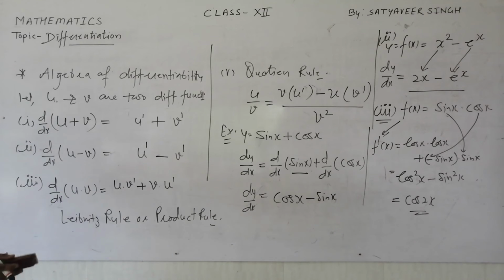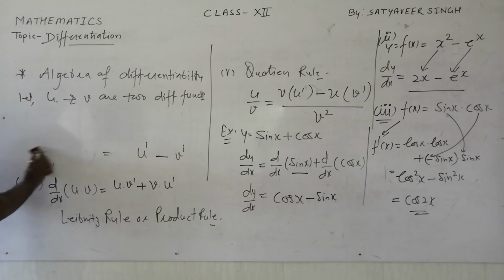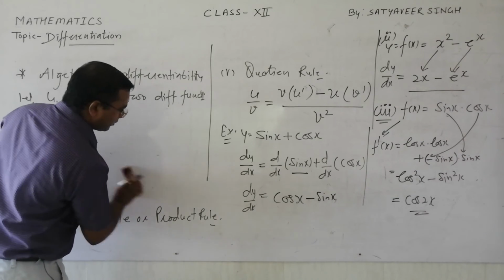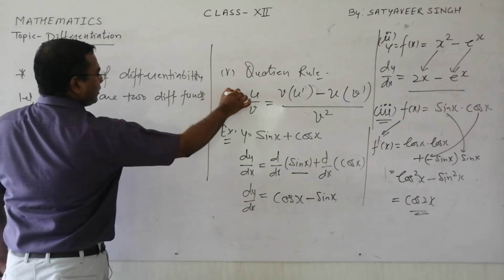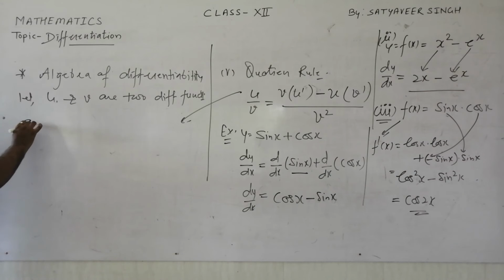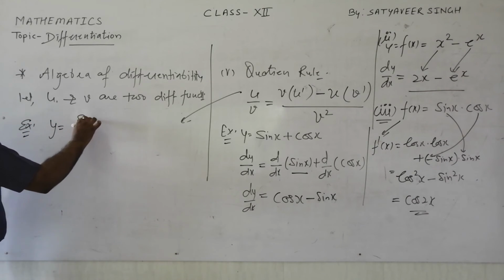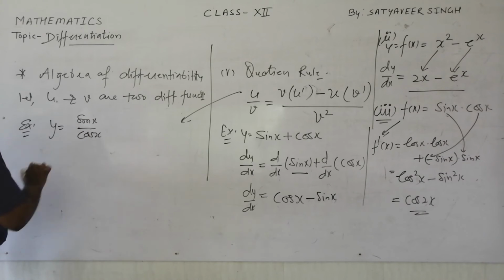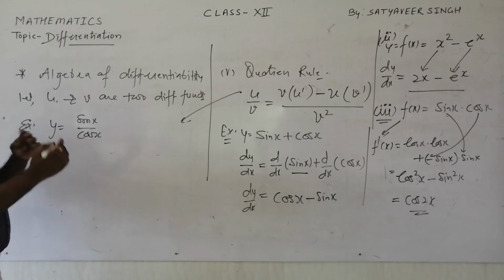And the last one is the quotient rule, a very important quotient rule. I'll discuss definitely one question on the quotient rule also. So let us see, I am taking one example on the quotient rule, and this may be y is equal to sin x upon cos x. You want to find y dash; these are all synonyms of the differentiation: y dash, dy upon dx, or maybe f dash x.